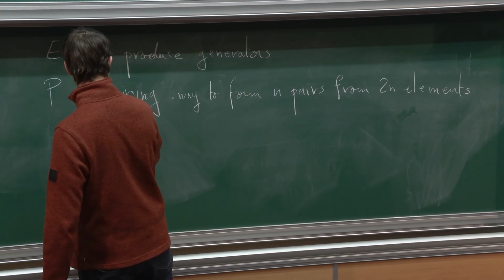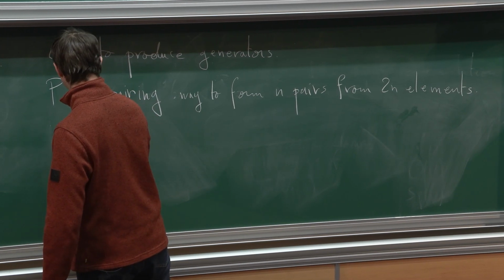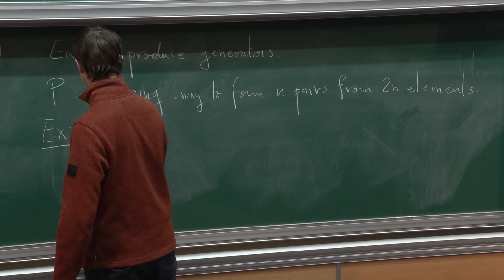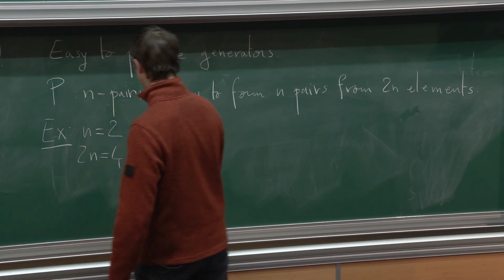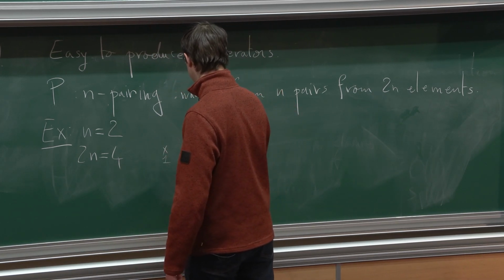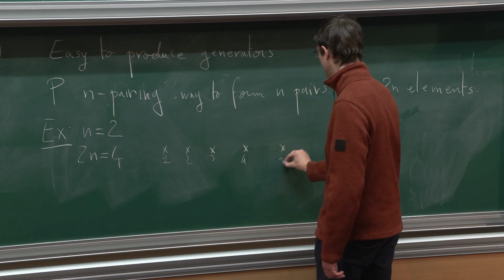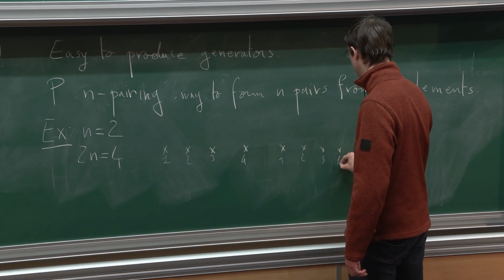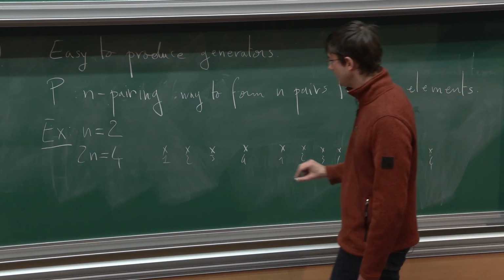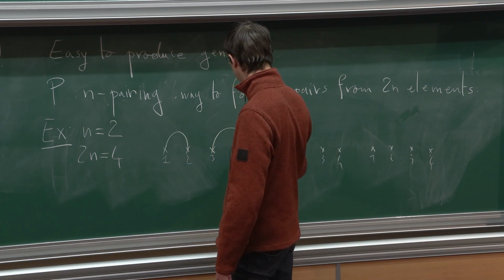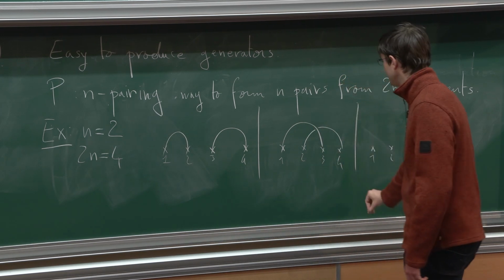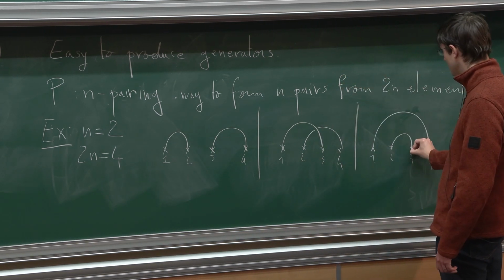And as yesterday, we represent an n-pairing by an arc diagram. For example, if n equals 2, so 2n equals 4, you are looking at ways to produce 2 pairs out of 4 objects. And there are 3 ways to do that. You can pair 1 with 2 and 3 with 4, or you can pair 1 with 3 and 2 with 4, or you can pair 1 with 4 and 2 with 3.